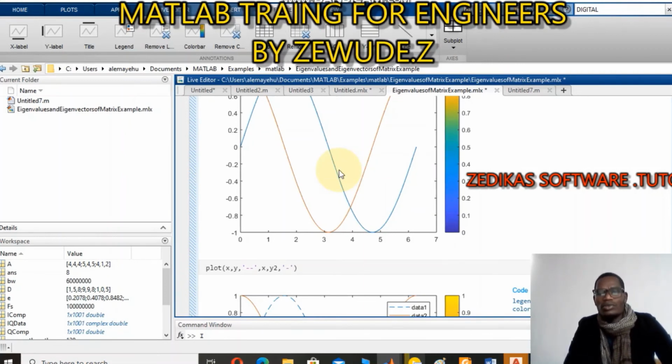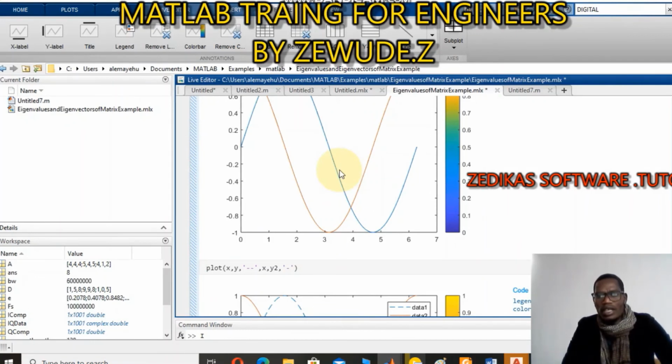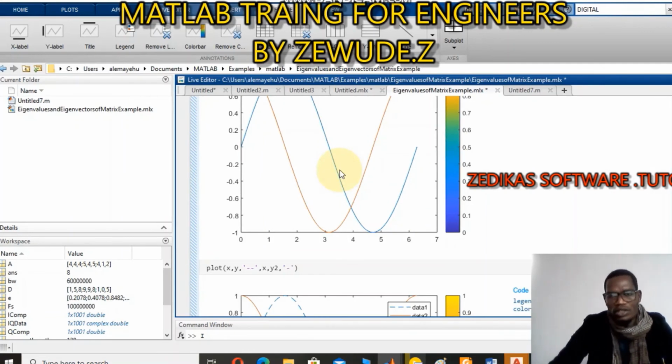So in order to eradicate such a boring way of studying in a classroom, or doing an assignment, or a project, or a thesis work with manual calculation, we have to know about the MATLAB benefits and the versatile advantage in engineering analysis.